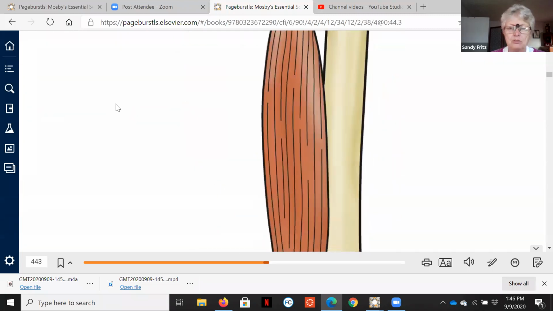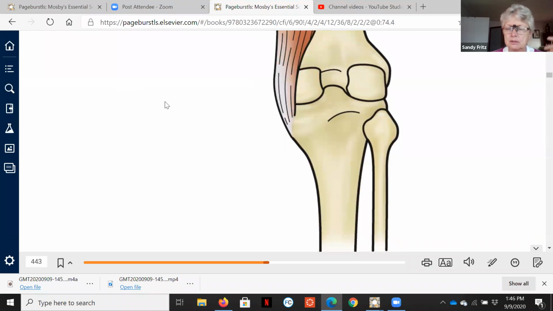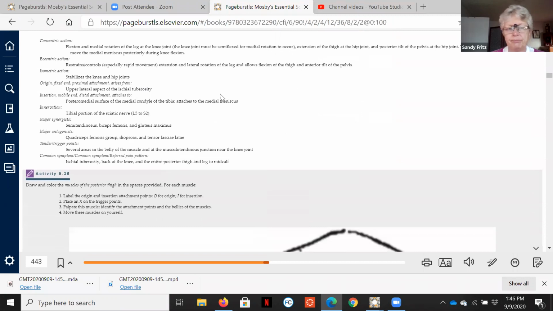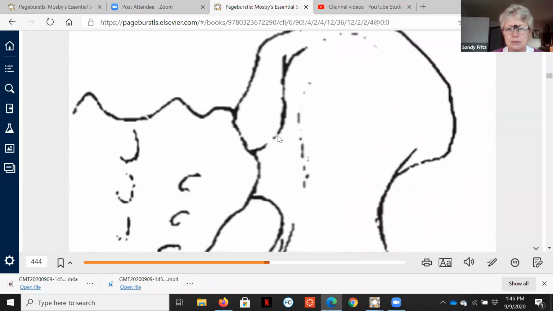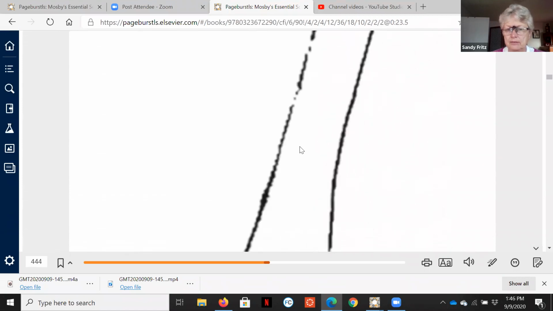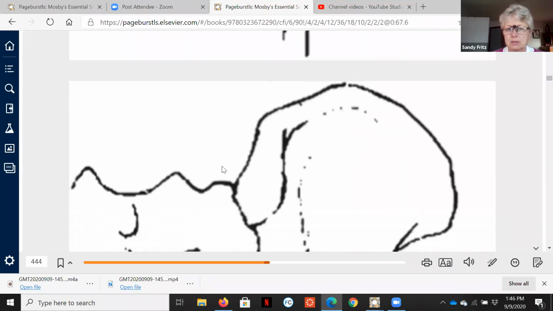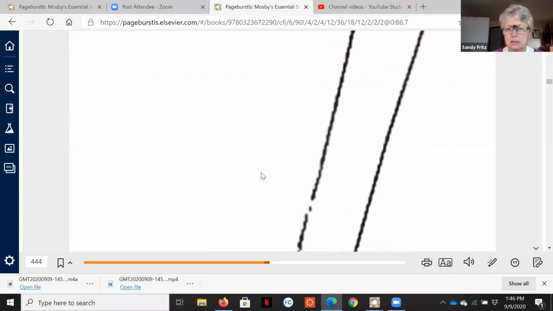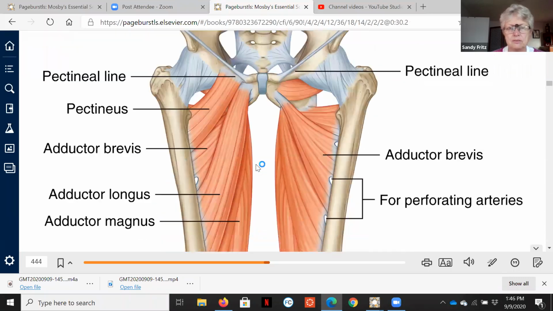And then we go on to the semimembranosus that is also on the medial side, and we have the same features. And then as you learn this, here are your drawings, to get that solidified.